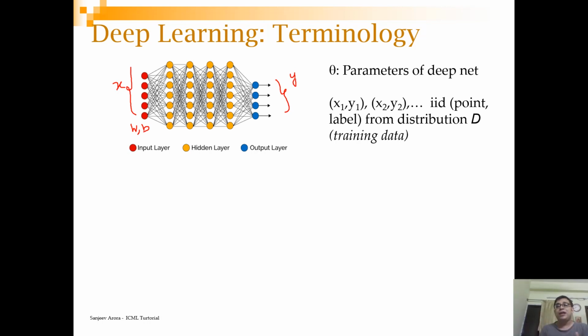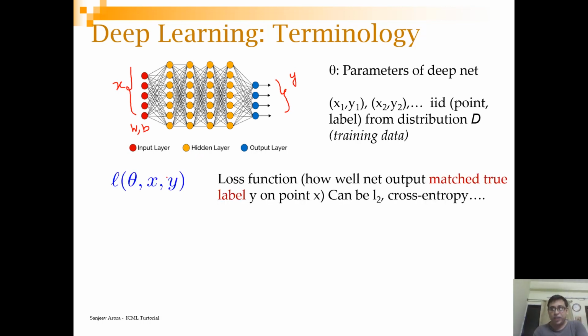And then we look at something called a loss function, which is a function of theta, the parameters of this neural net, and x, which is the input, and y. Using this theta and x, you also find y hat, your predicted value, and you always want this loss function to be as small as possible.